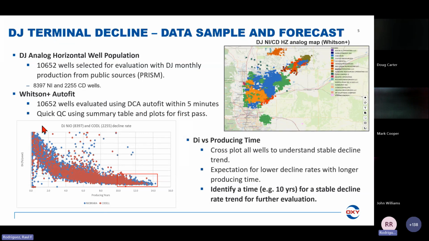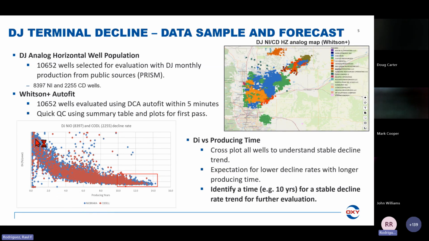And this is the plot we are showing here. As I mentioned, we are comparing the DI for all the wells, for all the 10,000 wells, compared to the producing years. And then you see the split between the two formations. The blue dots are the Niobrara and the red dots are the Codell.